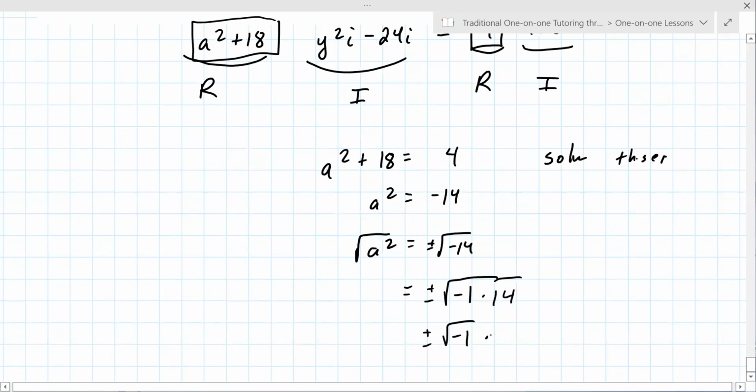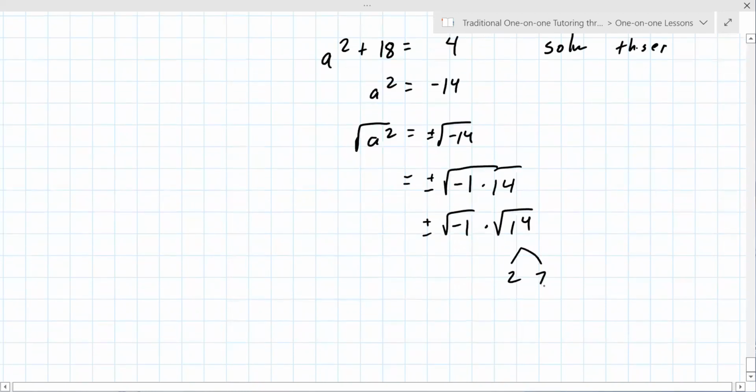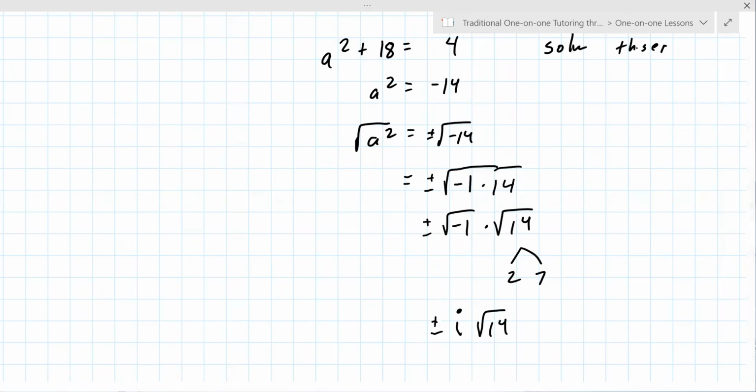That's i times the square root of 14. This one you try to break down like we've been doing, but there's nothing to break down. It just becomes that. So the square root of -1 becomes i, like that. Do you think you could do one of these on your own?